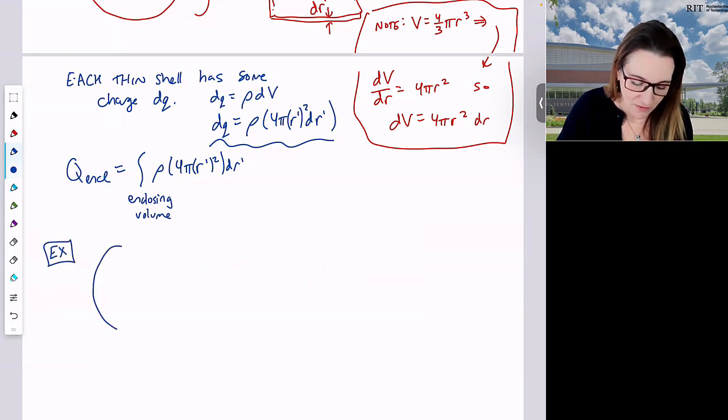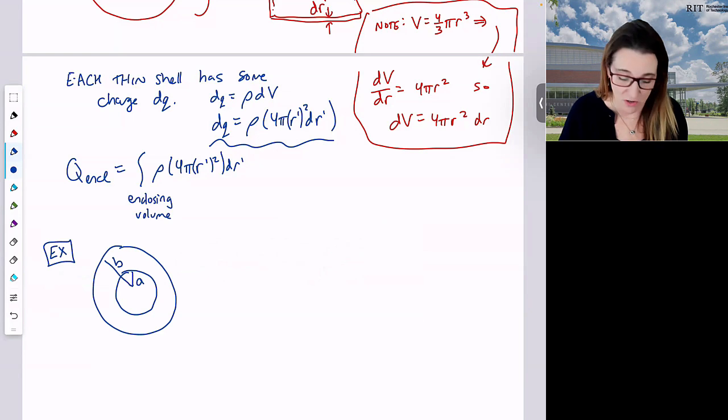Let's say that I have a spherical shell, and so it looks like a donut here, but it's actually a three-dimensional kind of hollow sphere.